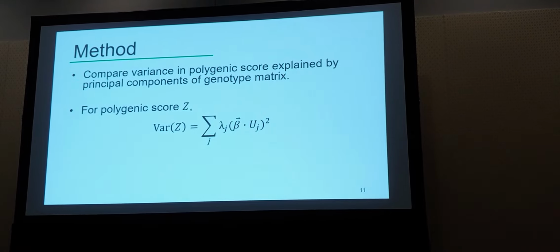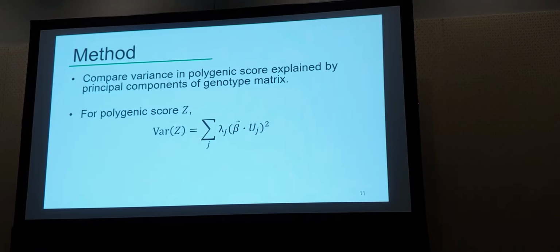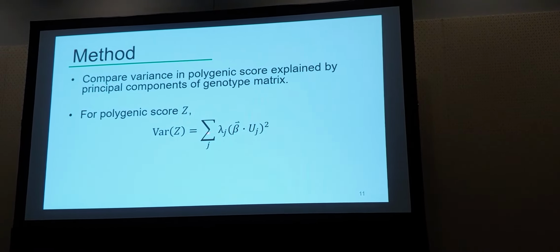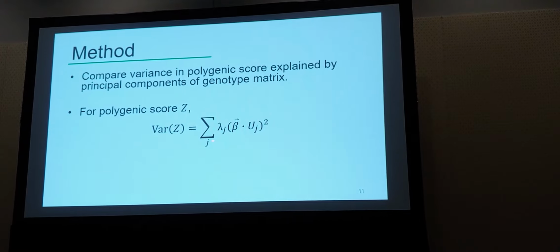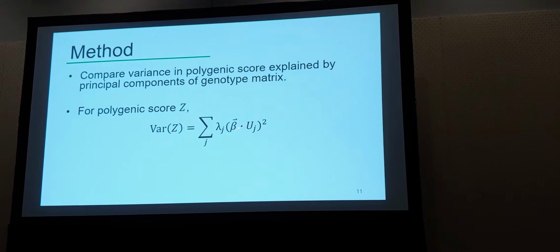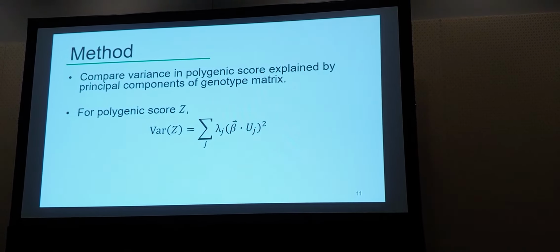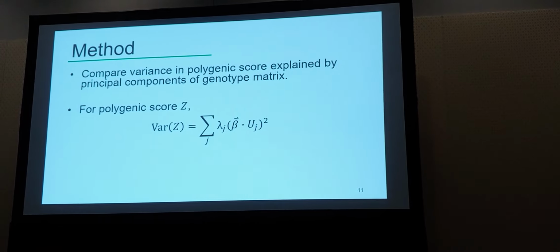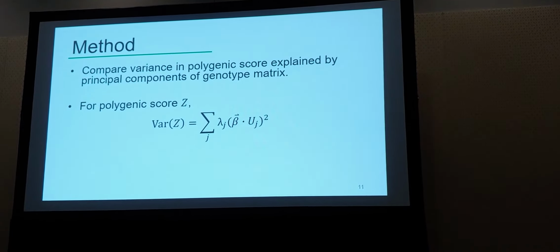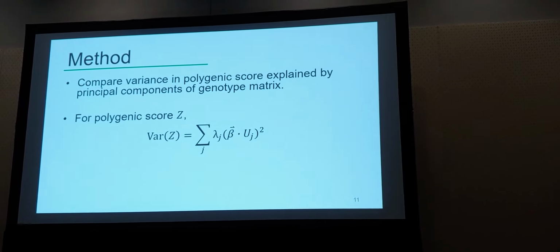In particular, we can do exactly the same variance breakdown along the different principal components by summing up the eigenvalues: this is the eigenvalue of the jth PC multiplied by the dot product of the loadings with that PC times the effect sizes, squared. You can think of that dot product as being like a covariance between the effect sizes and the PC loadings. And this gives you exactly the same proportion of variance along the principal components.